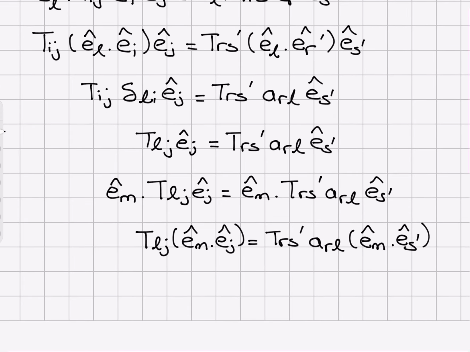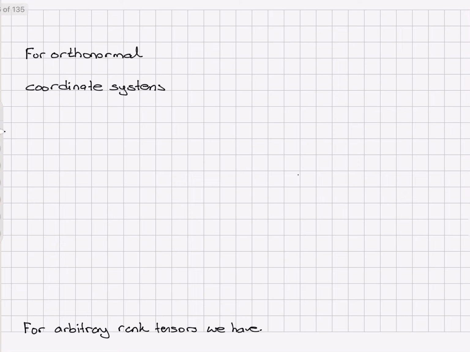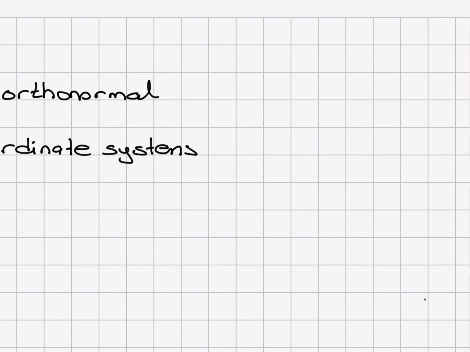So I'm left with, because this is again an orthonormal coordinate system, Kronecker delta mj for the dot product e_m hat and e_j hat. And here I have T_rs prime a_rl. This is dot product e_s prime with e_m, that is a_sm, the transformation matrix element. Now the Kronecker delta tells us that j's should be replaced with m's. So T_lj will become T_lm.